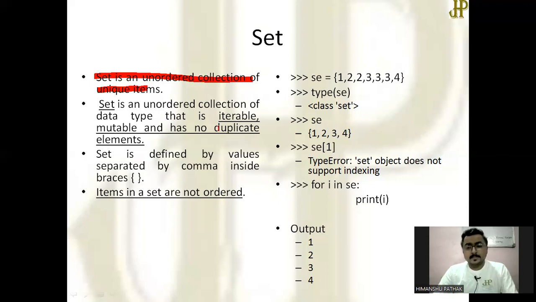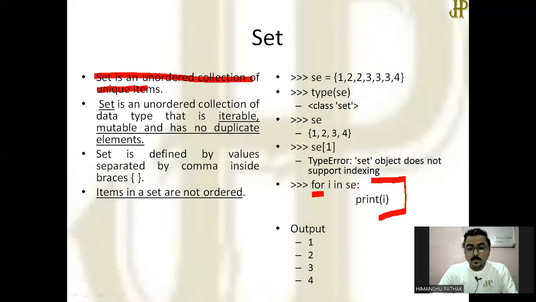So what it means? First of all, iterable. Iterable means if you want to fetch the data, you have to use the looping. Here you can see that I use for.